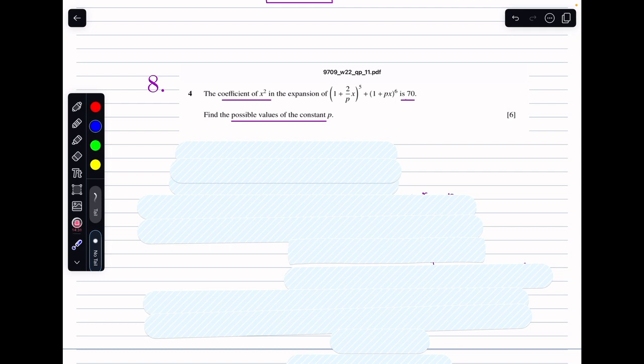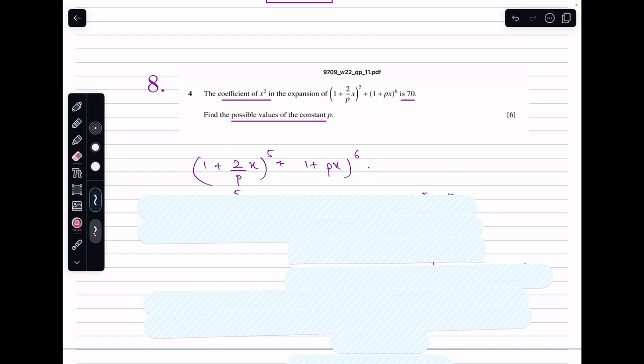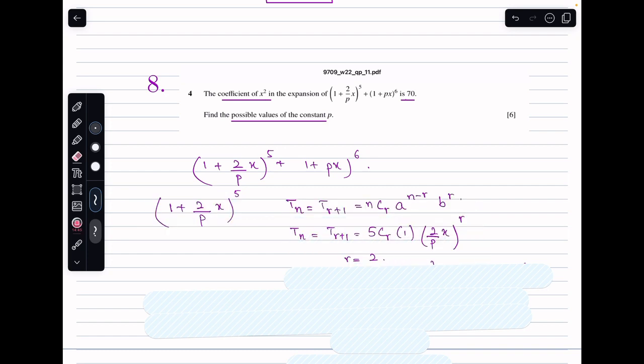So they have given us the coefficient of x squared; the expansion here shall give us 70x squared. So we need to find the possible values of p.